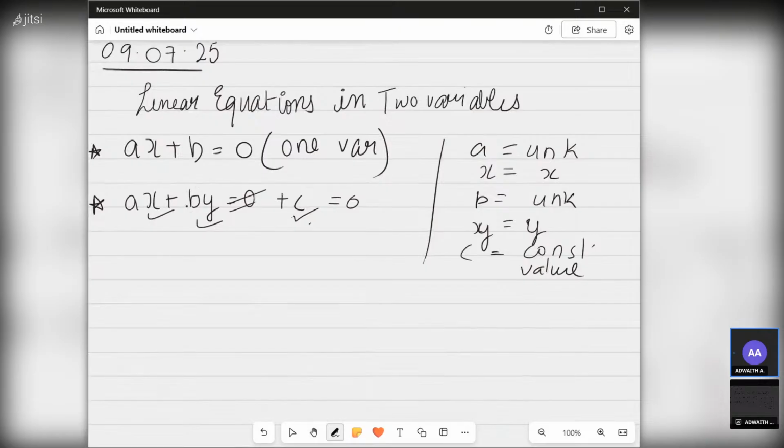An equation of the form ax plus by plus c, or ax plus by is equal to c, where a, b, c are real numbers, a not equal to 0 or b not equal to 0. Everything cannot be 0.